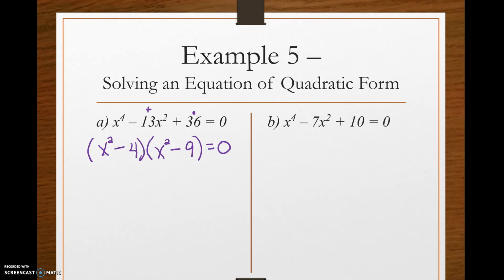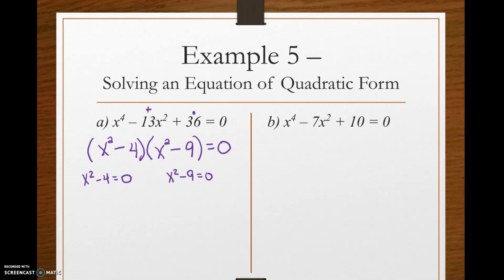Now, to solve this, you have two options. You can continue factoring, or you can write equations and solve. Do you want to continue factoring, or you want to skip to the solving? If you want to factor and you know how to factor these, go for it. That'll help you get the answer pretty quick too. But we can do x squared minus 4 needs to equal 0, and x squared minus 9 needs to equal 0.